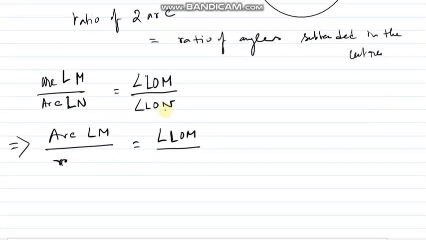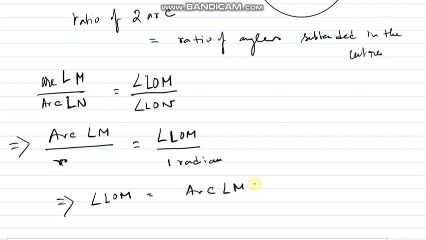So can we write that angle LOM equals arc LM into 1 radian divided by r?